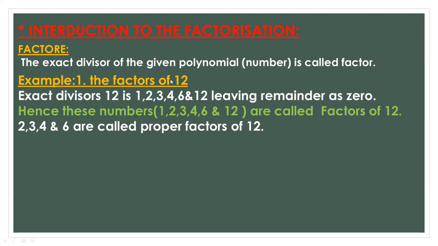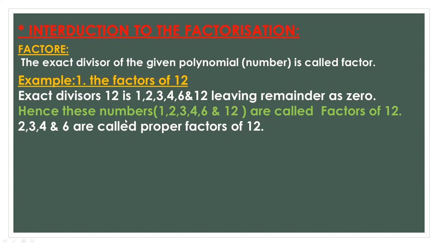For example, the factors of 12. The exact divisors of 12 are 1, 2, 3, 4, 6 and 12, and these numbers divide 12 leaving remainder 0. Hence 1, 2, 3, 4, 6 and 12 are the factors of 12.